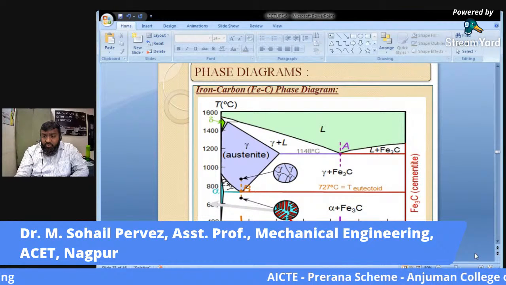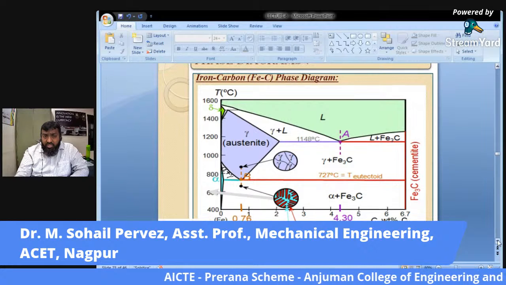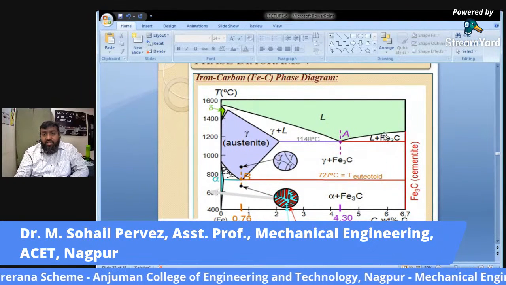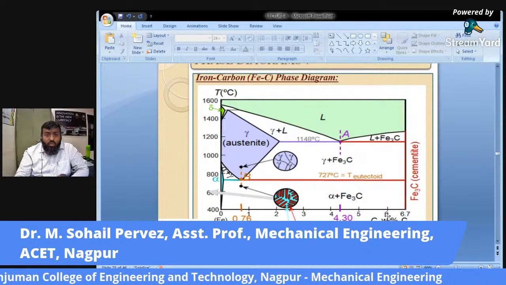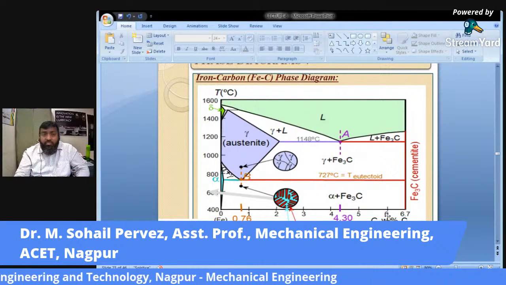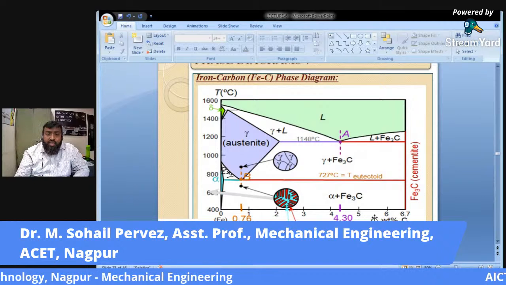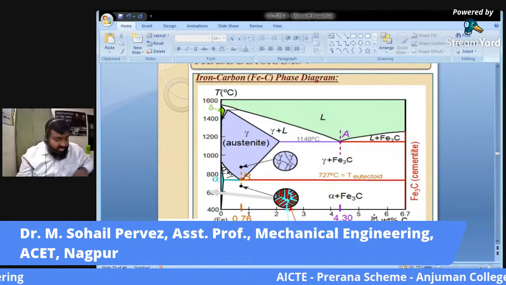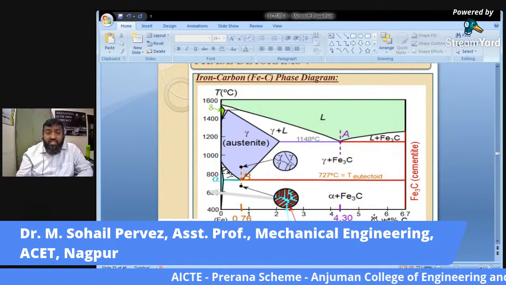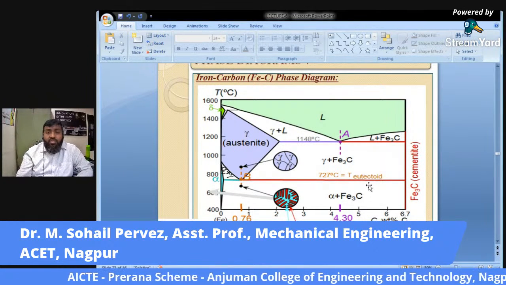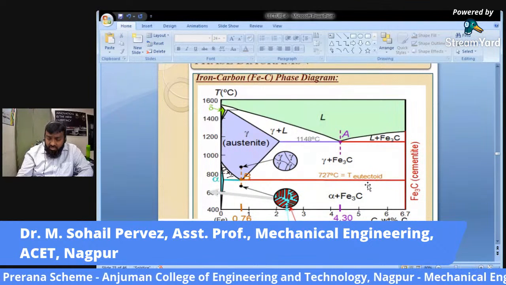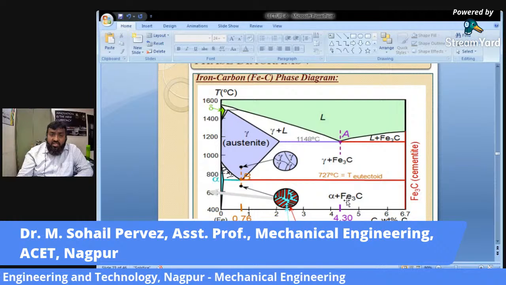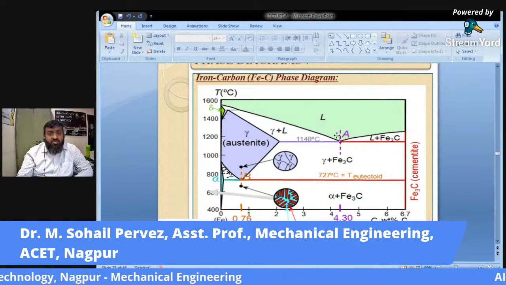I just wanted to clear some points here, because these phase diagrams are the core, the backbone, of any steel and its alloying elements, for selecting, manufacturing, heat treatment, composition content, percentage of mixing, and every element related to steel and its alloys. This diagram must be referred.